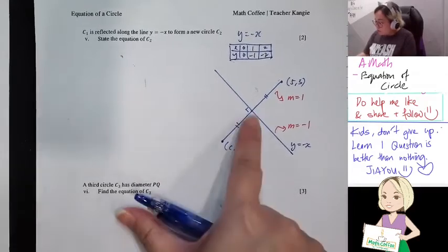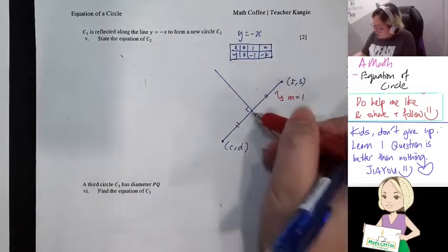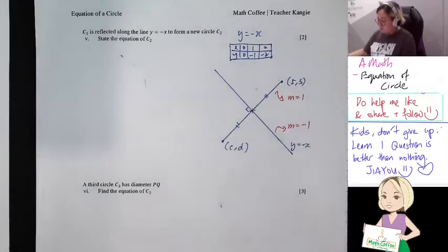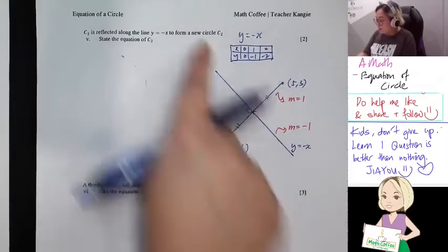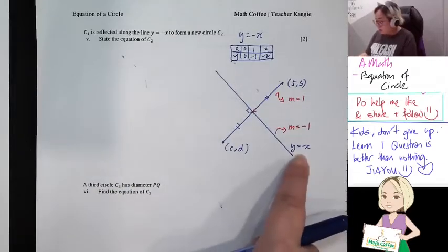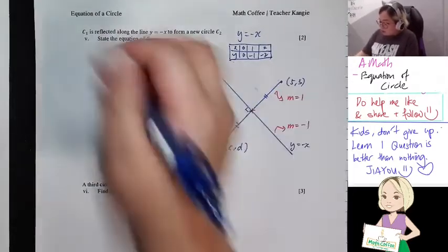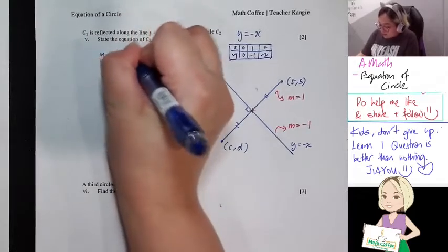So what I'm going to do is I want to find this point here. How am I going to find this point is I just need to find the equation of these two lines and do the simultaneous. I already have this line, sorry. I need this line. So this line will be y equals x plus c.